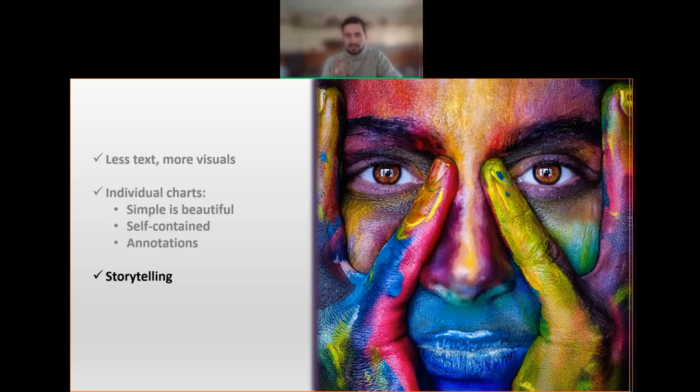And I think all those annotations and the techniques that are employed in making the chart self-contained are a very powerful tool to allow the storytelling to take place. They are not the only one that we're leveraging.